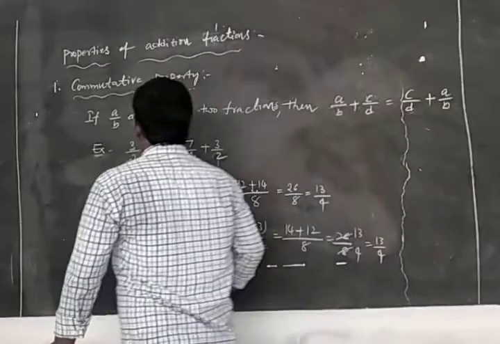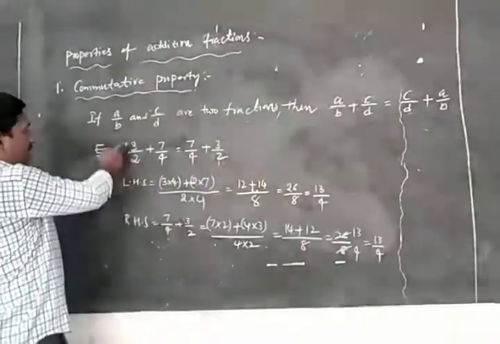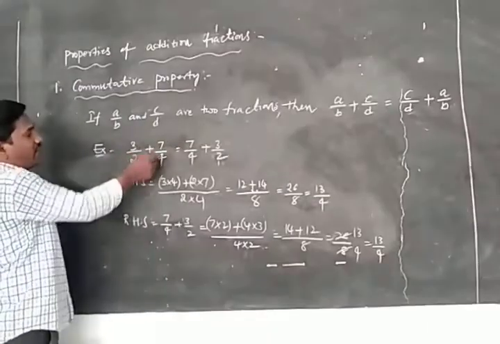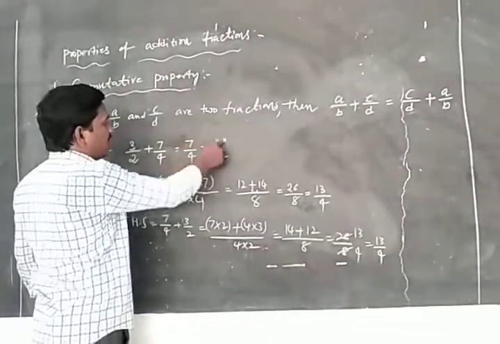So here LHS and RHS both are equal. So we can say that 3 by 2 plus 7 by 4 equals 7 by 4 plus 3 by 2.